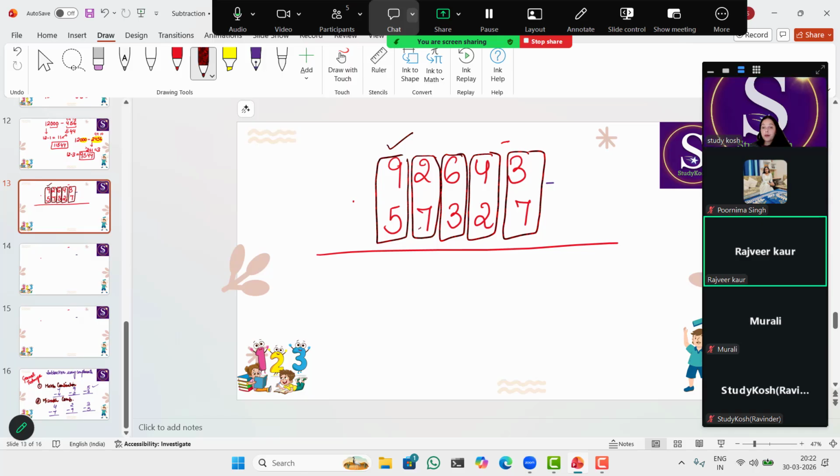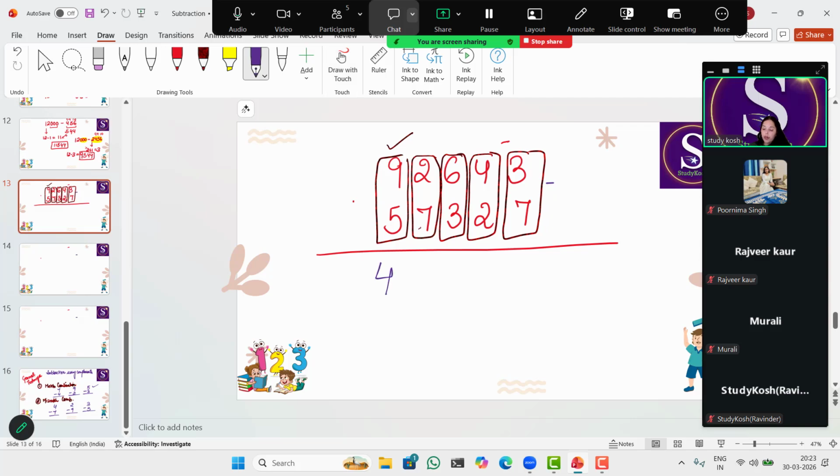Further, we have a match combination, so there is no need to subtract anything from this number. 6 minus 3, directly we'll write 3. Again, we have a match combination, 4 and 2. So 4 minus 2, directly we'll write 2. But further, again we have a mismatch combination, 3 and 7.